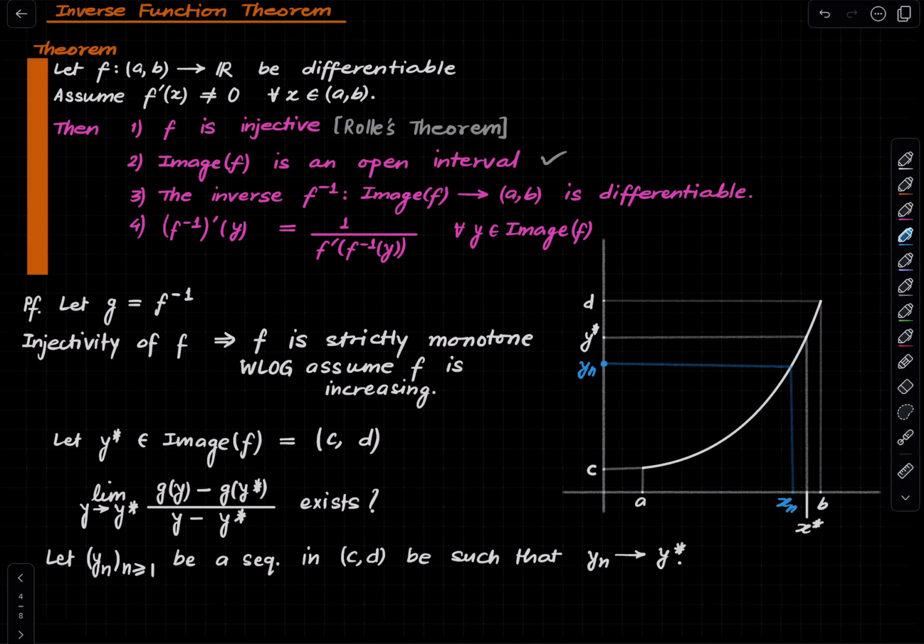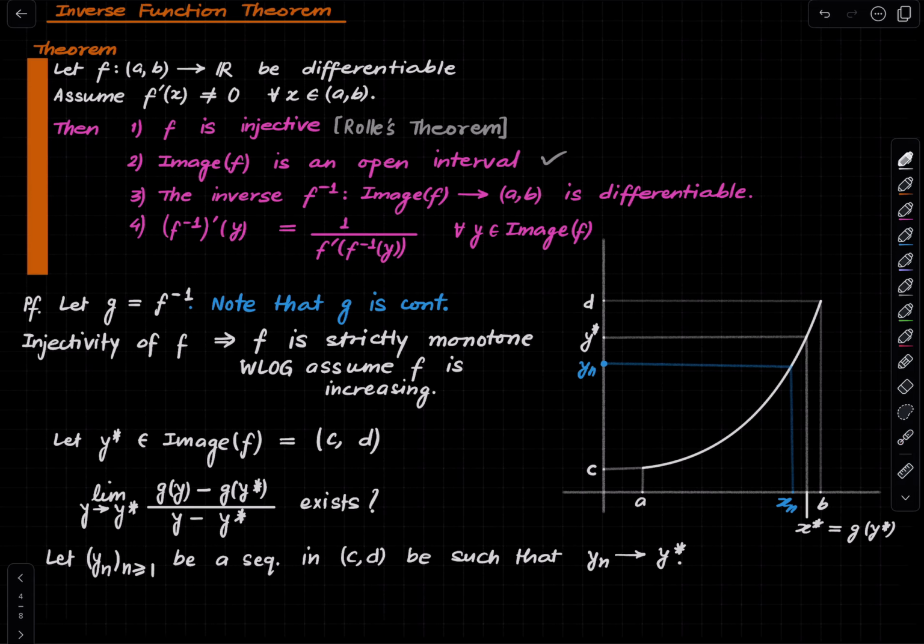So here itself I should have written that, note that g is continuous. We recalled this in the beginning. The inverse of an injective continuous function defined on an interval is also continuous. So g is continuous, and therefore since y_n converges to y star, x_n converges to x star. x star is nothing but g of y star. So the continuity of g immediately shows us that since y_n converges to y star by choice, x_n converges to x star.